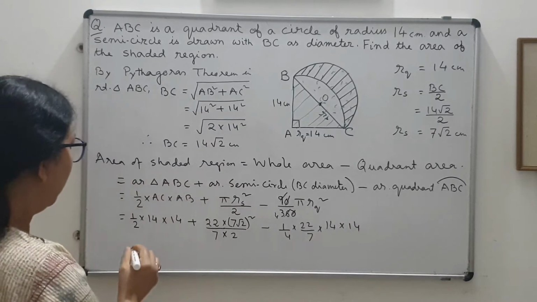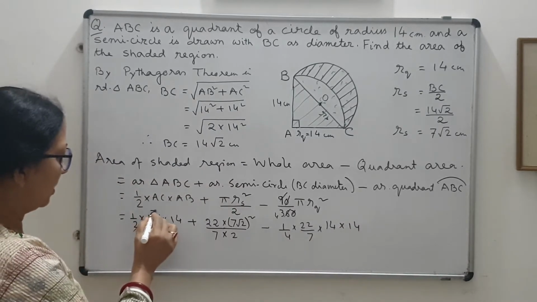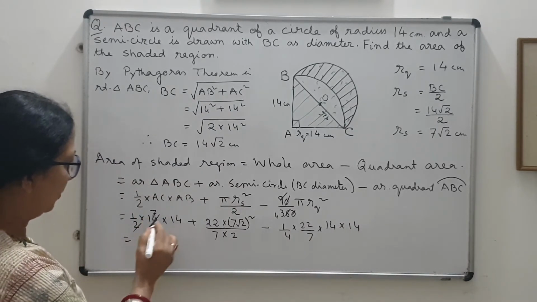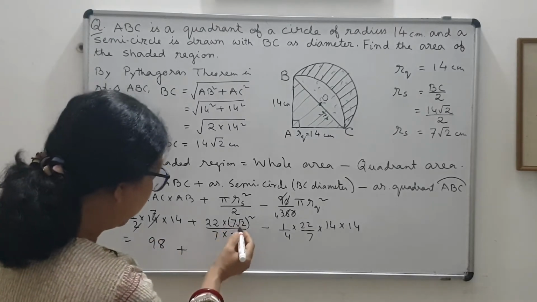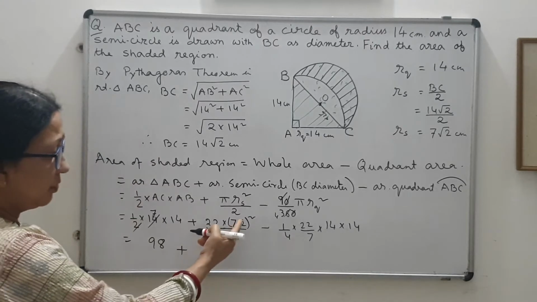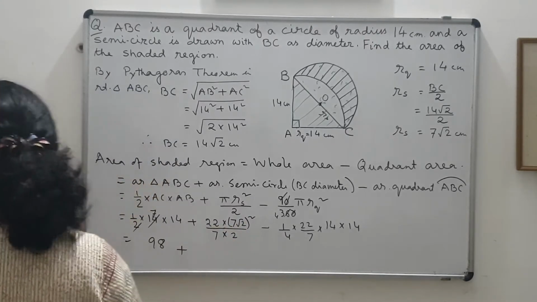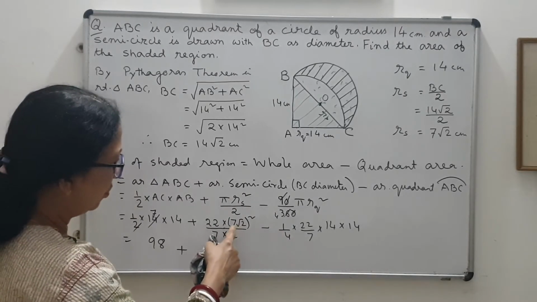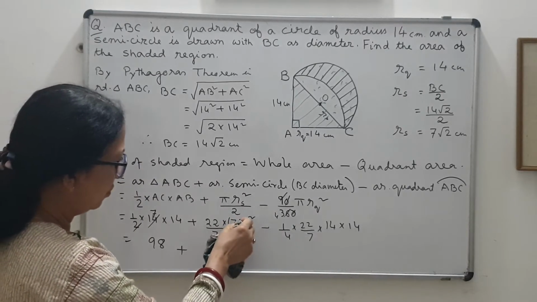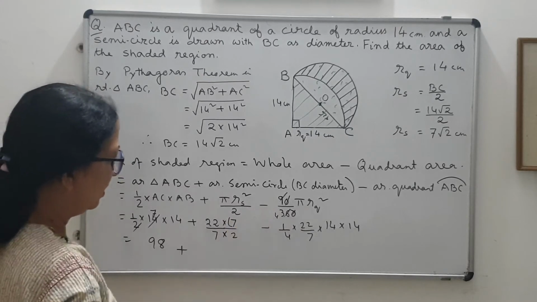Okay. Now you see, now do the calculation. 7 times 14 is 98, plus now do the calculation. You see, 7√2 whole square is 7 square into 2, that can be written in this way.